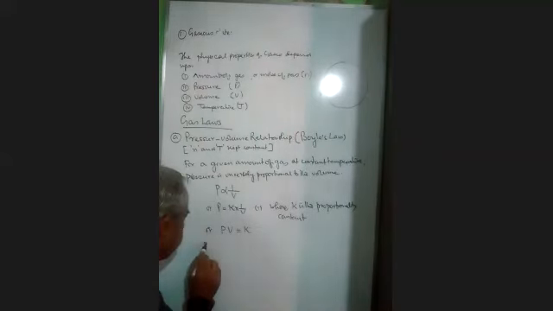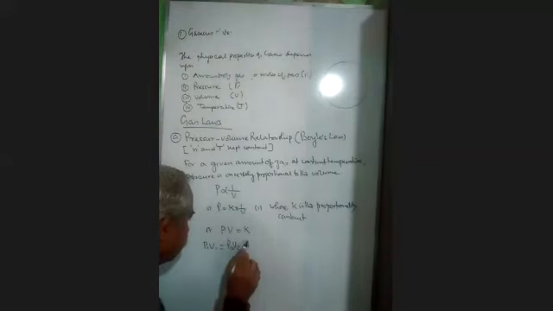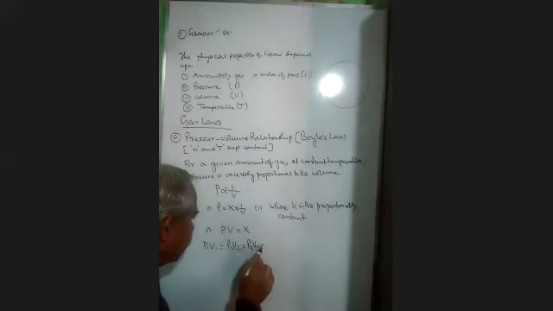All right. Now, in your book, they have mentioned that we write it like this: P1 V1 is equal to P2 V2 is equal to P3 V3, and so on. Why should I write like this? Because for any experiment, I told you at the beginning in the first chapter about accuracy and precision.